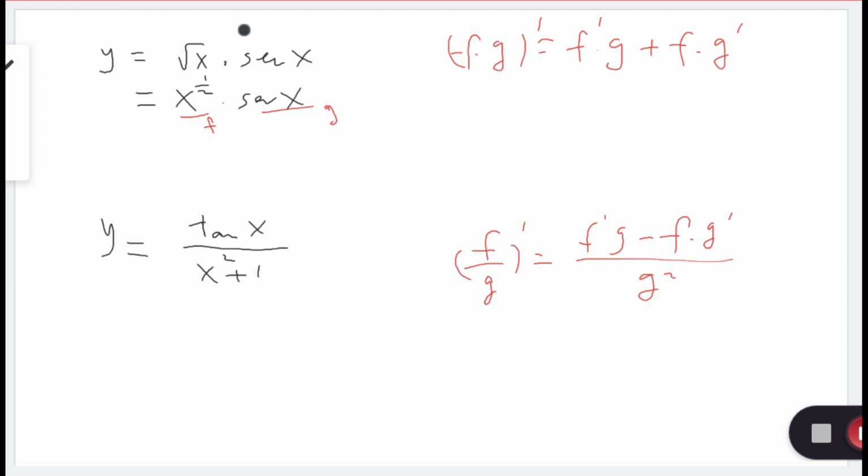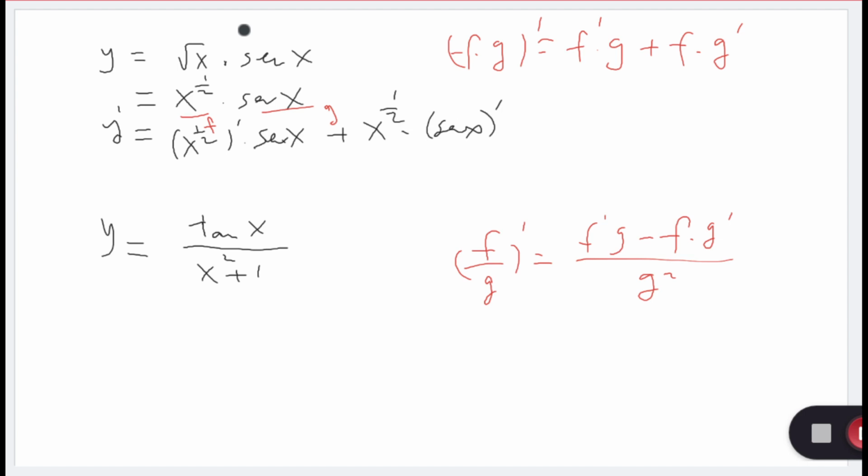As we start to differentiate, we start a new line with y prime leading the identity. So y prime equal to, again, set up first, no rush. X to the half power, prime, x to the half power is f, times g, plus x to the half power times g prime.